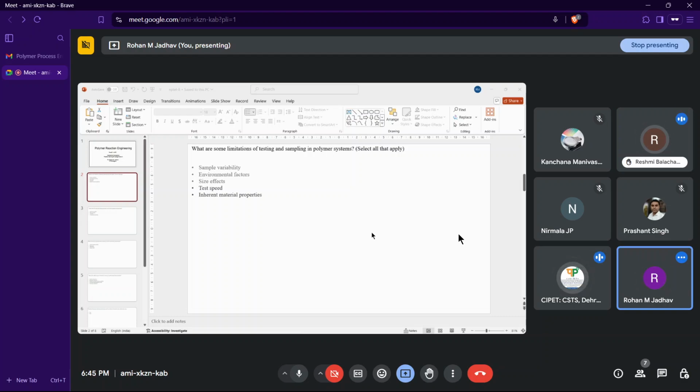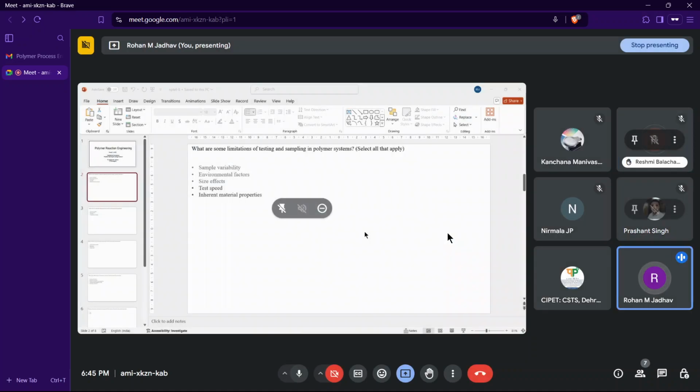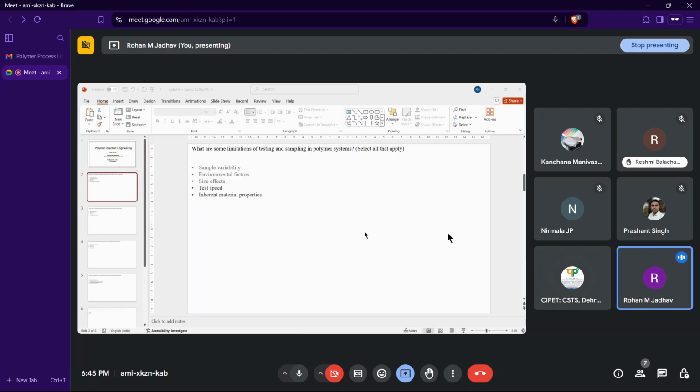Actually, sir, delamination is also there. Yes, delamination, but that was not the correct answer, because that is also possible in injection molding where multiple materials are there, and if they are not mixed properly or moisture is there, they can form layers among them. But that is the case for a mixture of two or three materials.